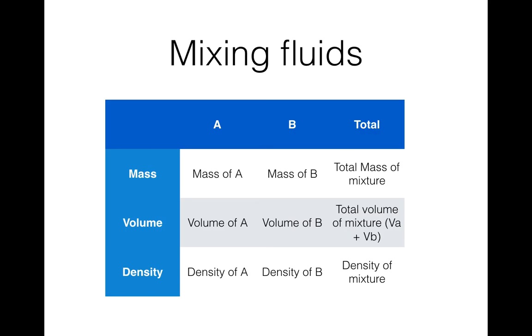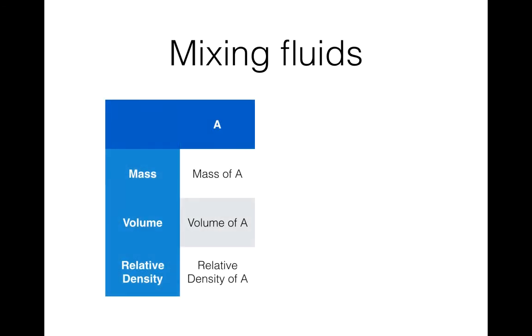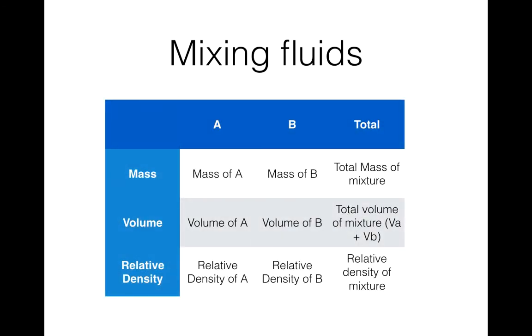In the center section and in grey, light grey and darker grey, we'd have the mass of A, the mass of B, or the total mass of the mixture would go in those relative positions. Volume of A, B, and the total volume would go in those positions, and the density of A, density of B, and density of mixture would go in those positions. Now it may be like that, or if we were dealing with relative density, we would just change the last row to something that looks a little bit like that.